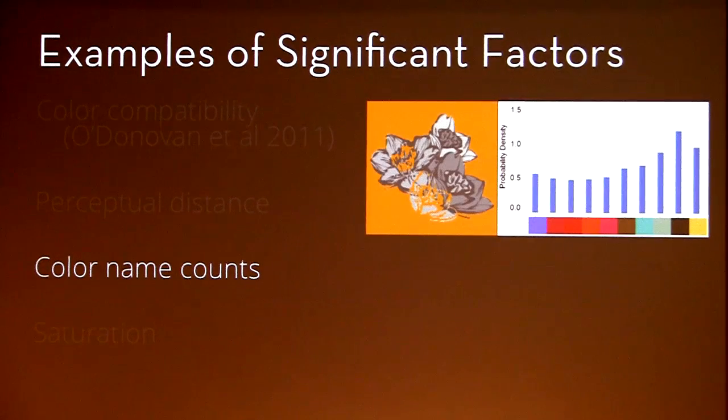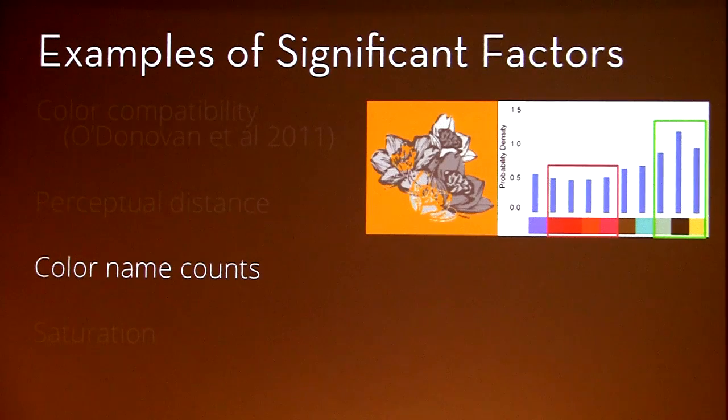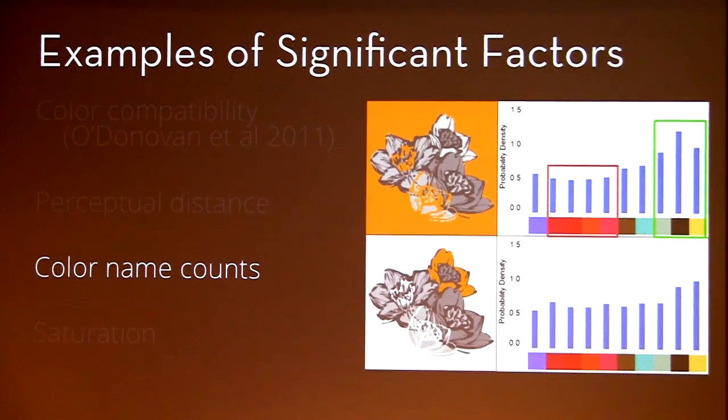So for this orange background region, for example, we see that color categories like red and pink and orange tend to be less preferred, while color categories like black, yellow, and grayish-green are more preferred. On the other hand, for the foreground, there's a much more uniform distribution among the color categories. It doesn't really matter so much if the foreground flowers are red rather than, say, black.